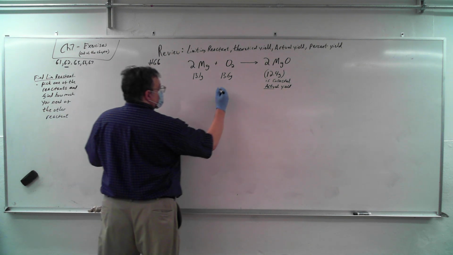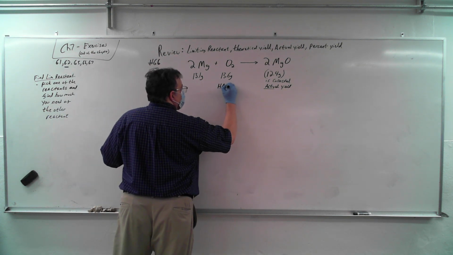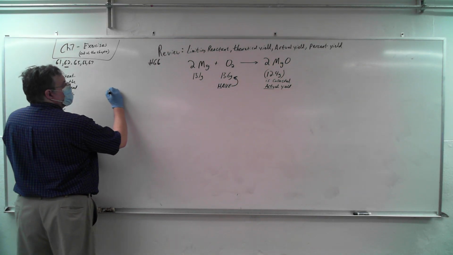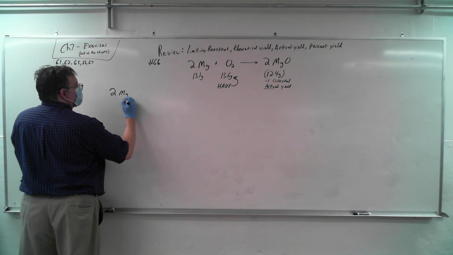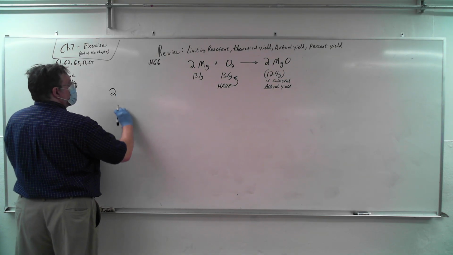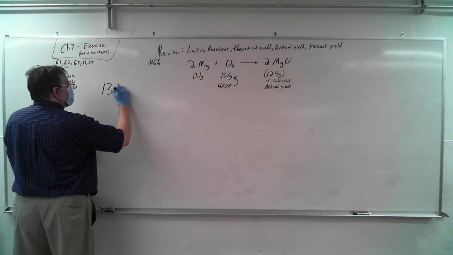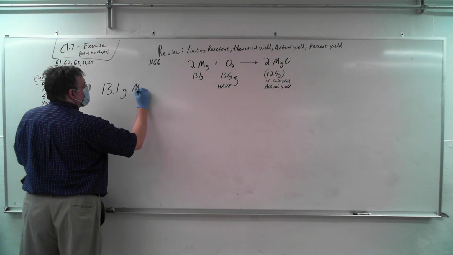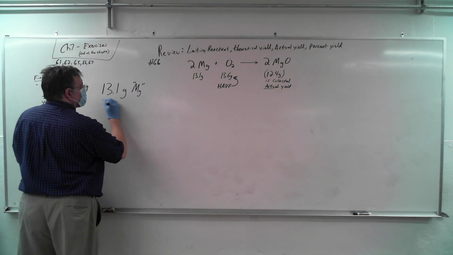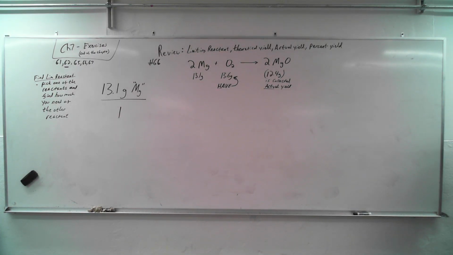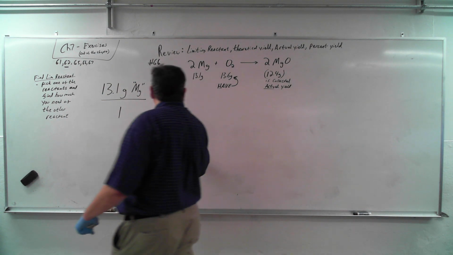I'm just going to pick Mg because it's first. You know, like here's how much I have of O2. 2Mg. 13.1 grams Mg, and I can just look on the periodic table. And Mg is 24.31.